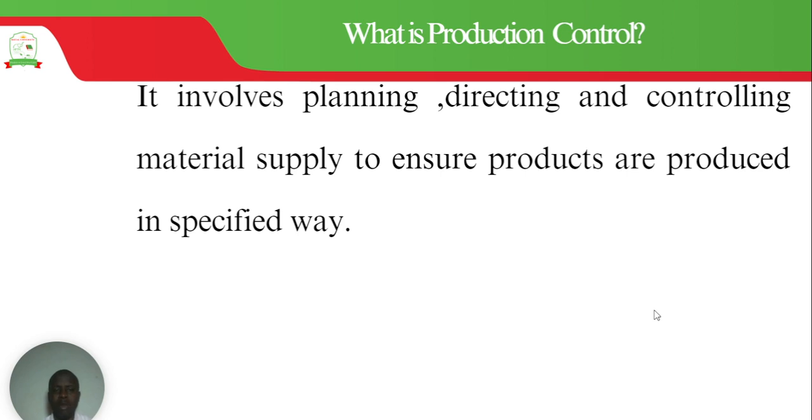Ensuring that material supply has not been cut short because of lack of raw materials, or because of employees who have gone on strike. So it is a continuous process that we continue to do to ensure these activities are able to take place.